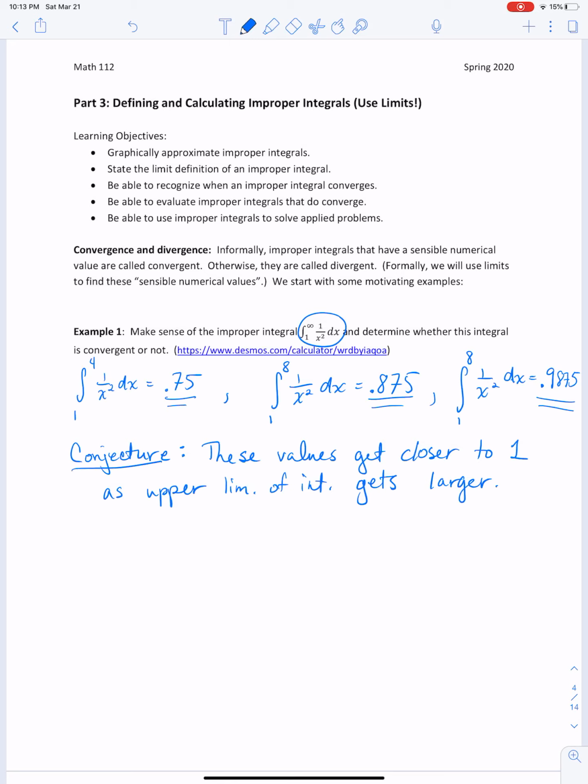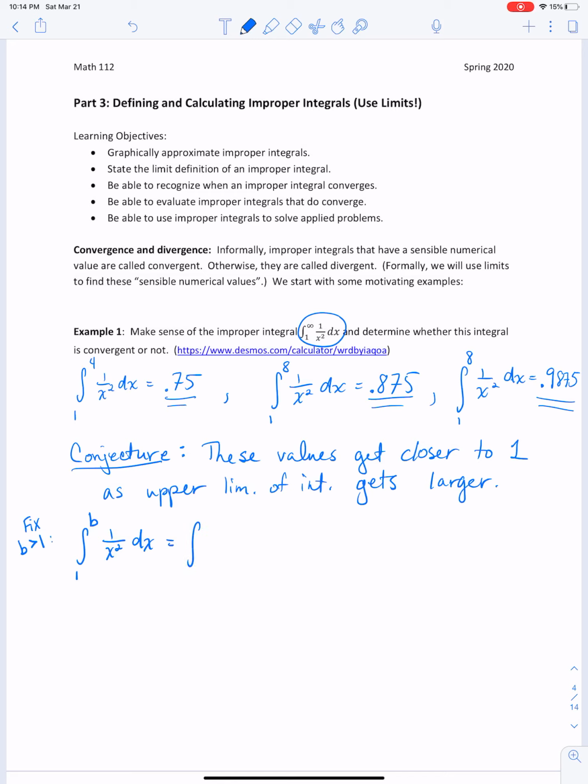Let's frame this question in terms of limits. So let's fix some b greater than 1, and then we'll look at the integral from 1 to b of 1 over x squared dx. Let's go ahead and evaluate this.